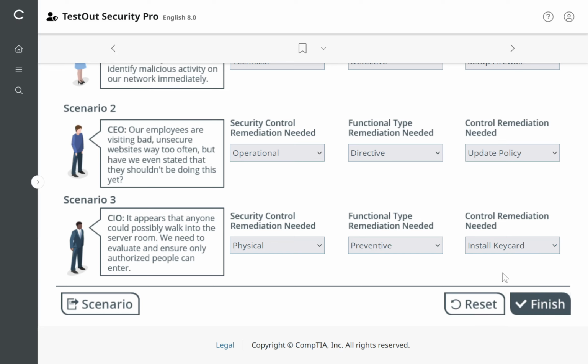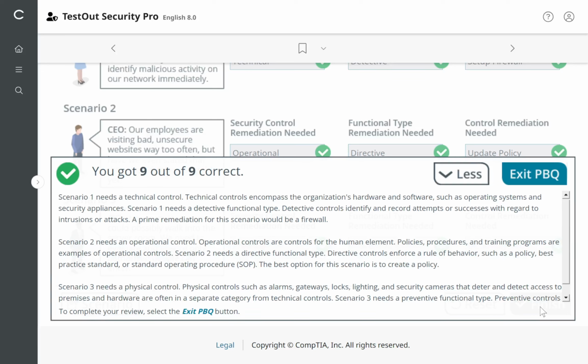So with this last scenario, I believe a key card would apply. So we have the functional type. Let me possibly look at this. Okay. So yeah, we get this correct, all of this.